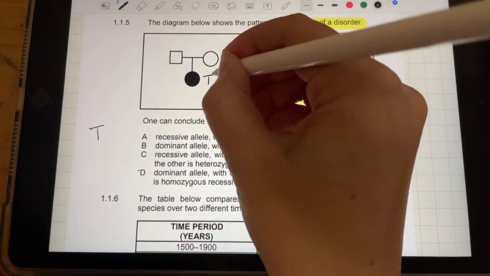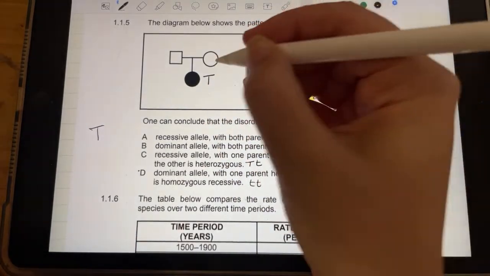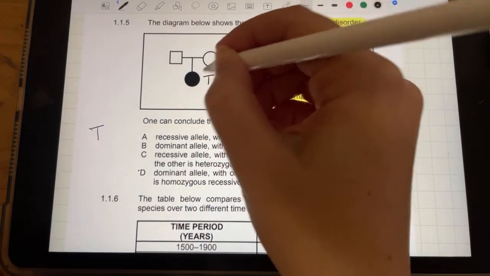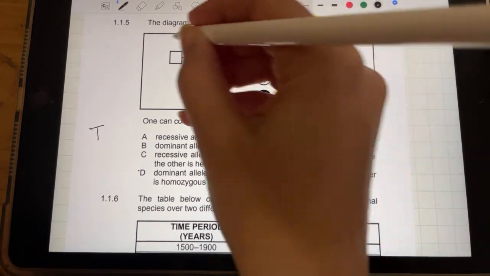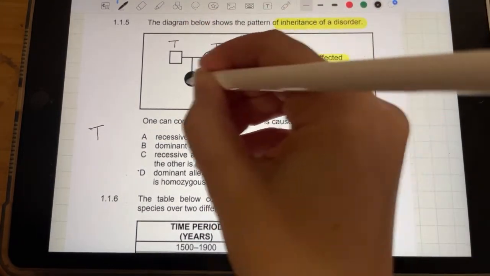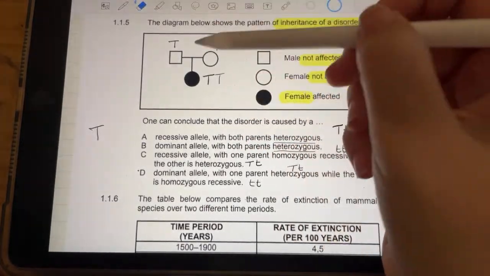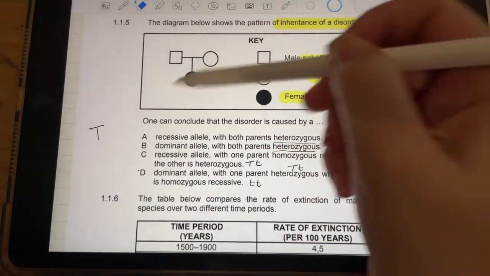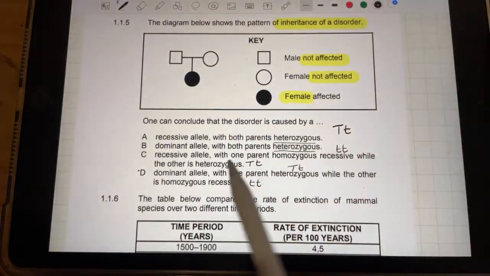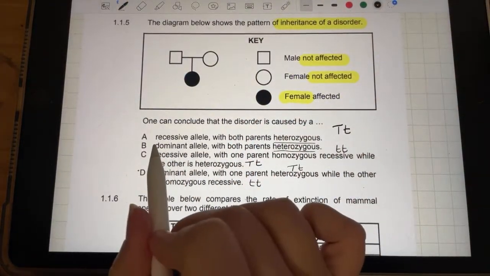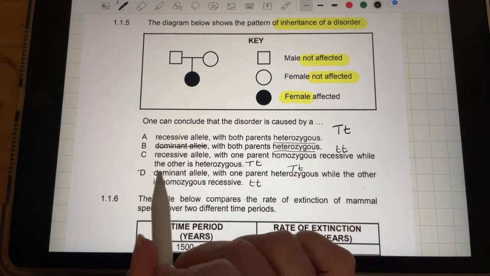That means that this girl over here has the capital T. That's just not possible, because then both of her parents would need to have 1 in order to give her 1 each, so they would also have the disorder. So already we can discredit that because we know that's not the answer. So all of these that say dominant allele, we're just going to cross those out.